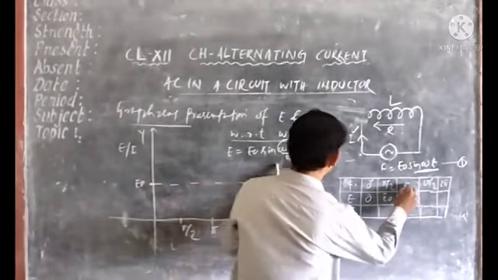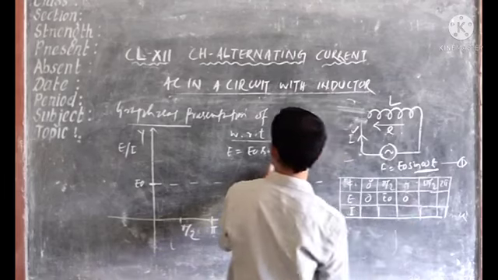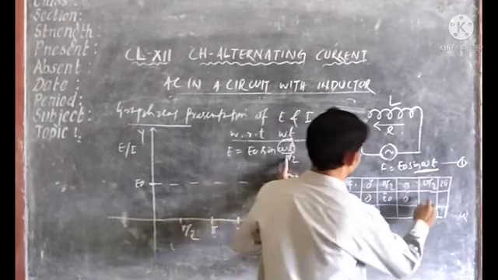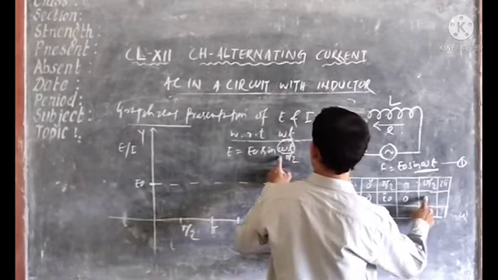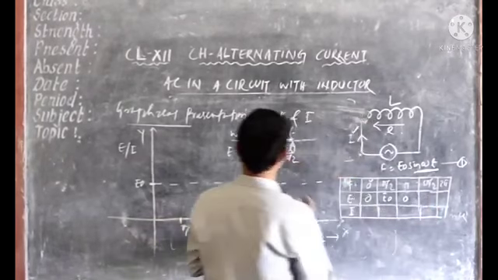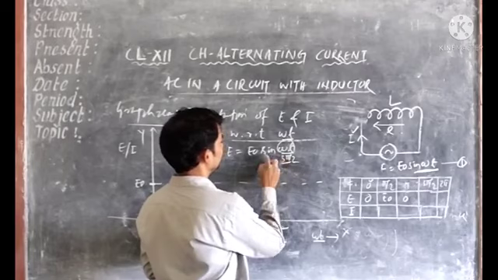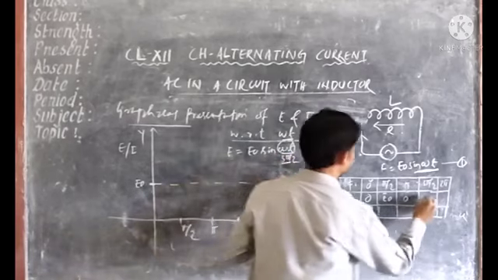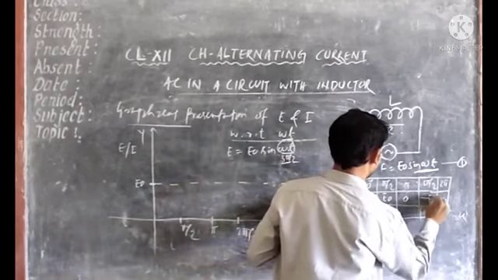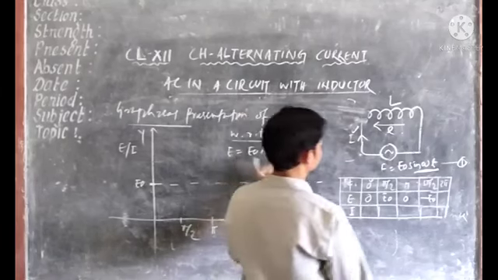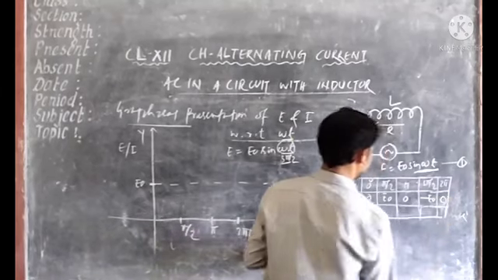Then when you put pi again, it is 0. And when you put 3 pi by 2, sin 3 pi by 2 will be minus 1. So E will be equal to minus E naught. And again when it is 2 pi, then that is 0.